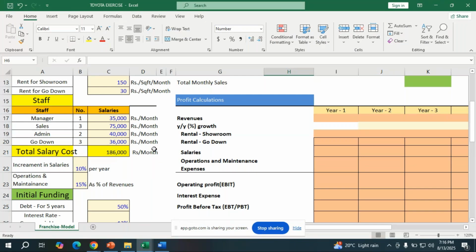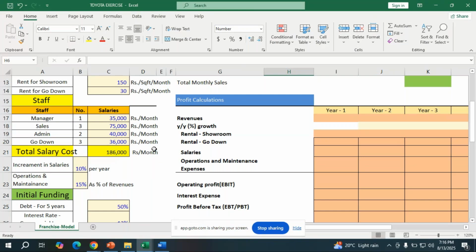Around how many people are required? Around nine members are required to handle and manage this. So per month, 1,86,000 goes away from his pocket on account of salaries for the staff.